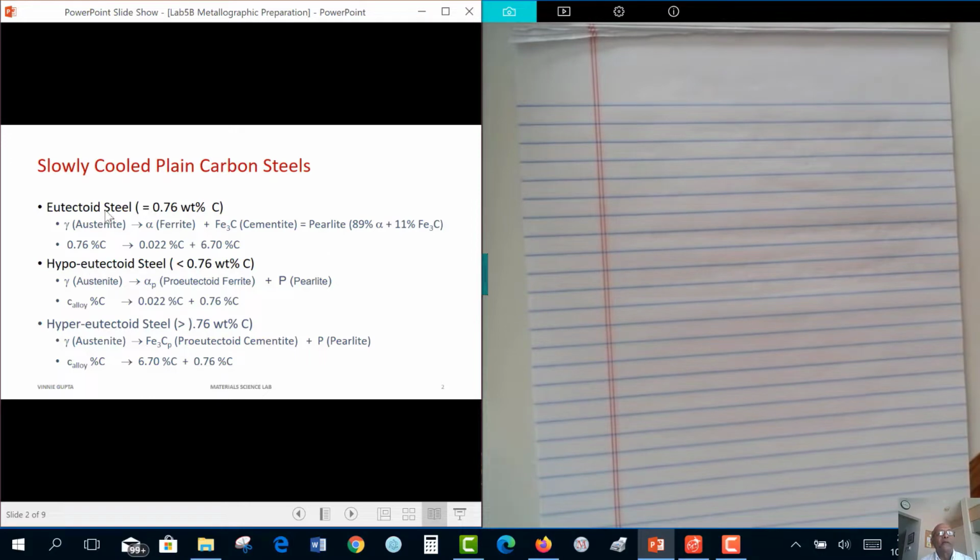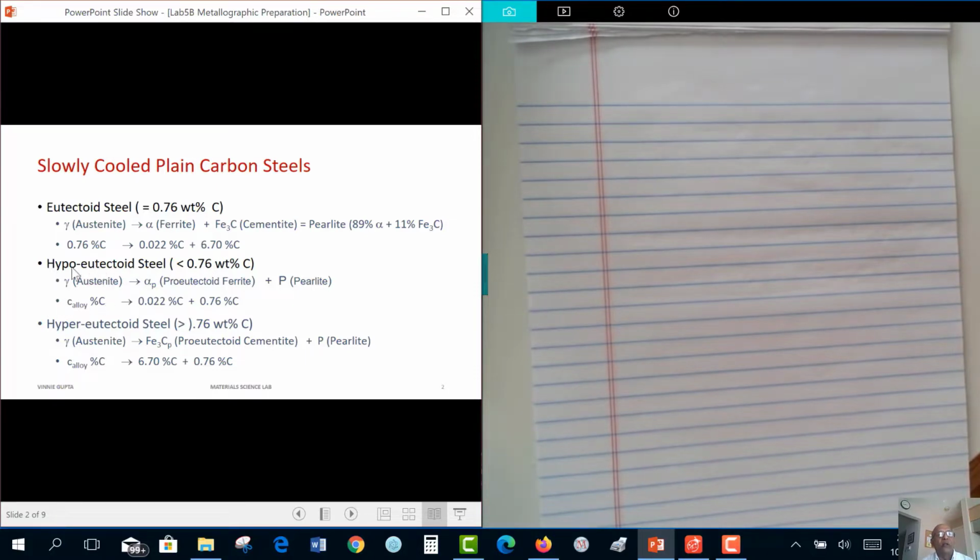On the other hand, if we take off-eutectoid compositions, say hypoeutectoid steel, which is to the left of the eutectoid point, the alloy composition is less than 0.76%.